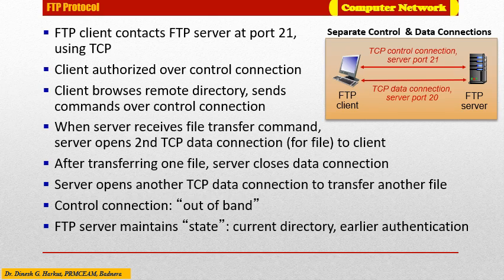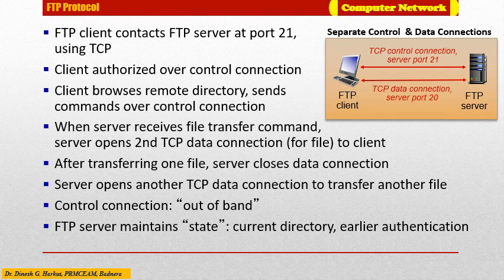When the server side receives a command for a file transfer over the control connection, either to or from the remote host, the server side initiates a TCP data connection to the client side. FTP sends exactly one file over a data connection and then closes the data connection.